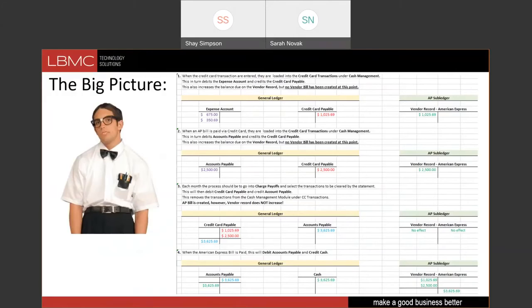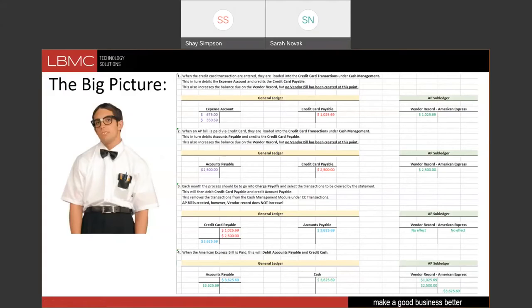No, you should be able to set it up. The GL account has to be a one-to-one relationship. I'm going to test that for sure. I'm 99.999% sure I don't think you have to set up a separate vendor record, but I will verify that 100%. Sounds good. Thank you. That's the only question we have right now.